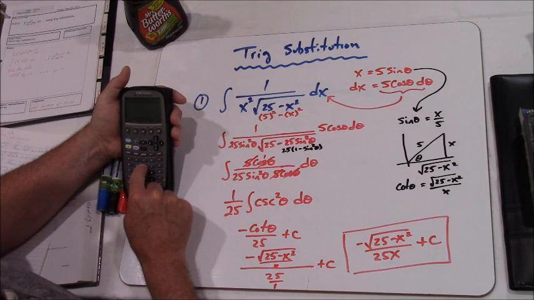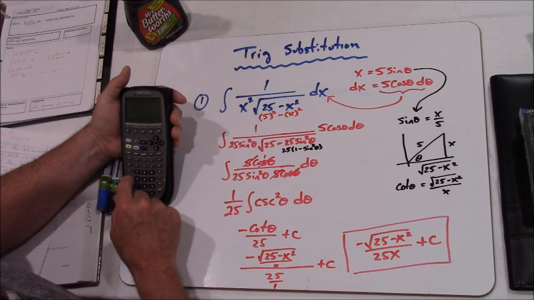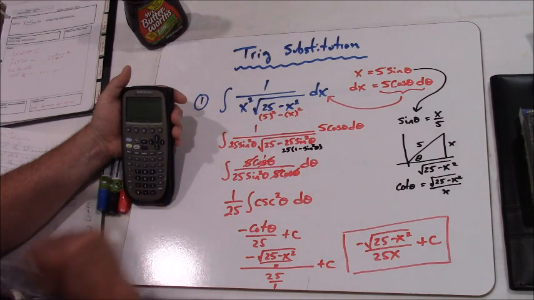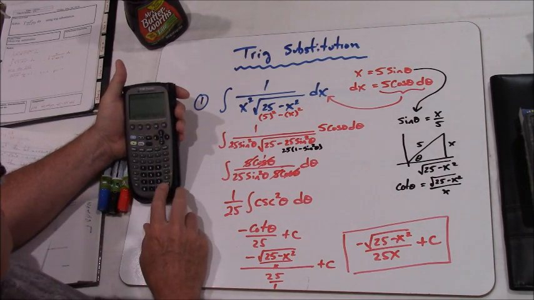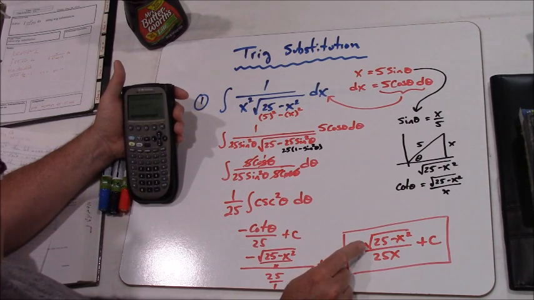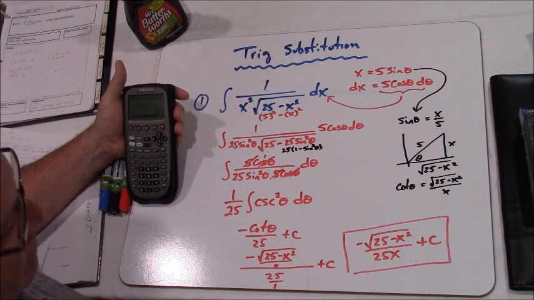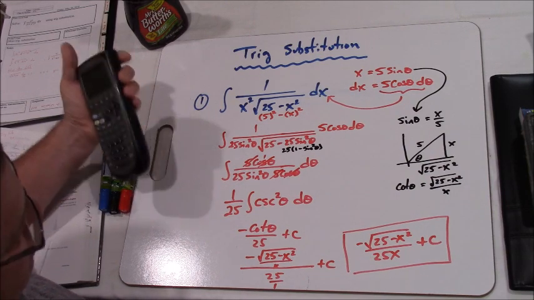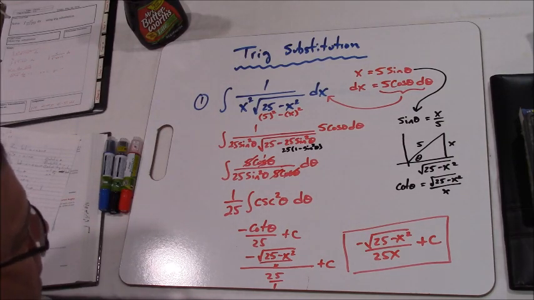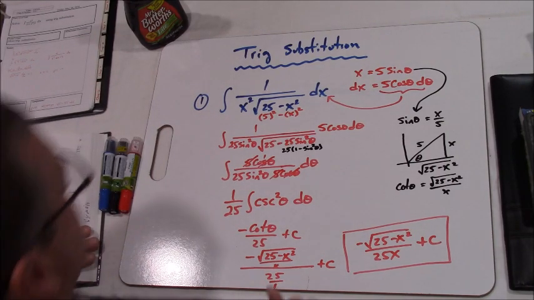A parenthesis to close the square root, another parenthesis to close the denominator, then a comma with respect to x, and a parenthesis to end the integral. And what I got for an answer was negative square root of 25 minus x squared over 25x. So yeah, this calculator can do trig substitution. Amazing.